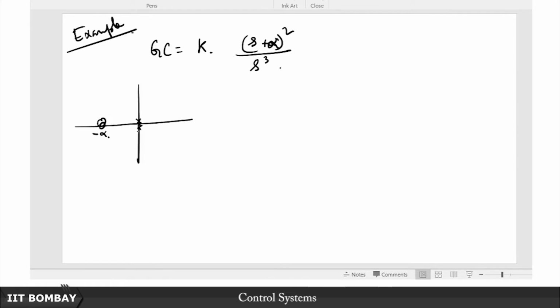There is going to be just one asymptote, because the number of poles minus the number of zeros is 1. So of course from this also you know that this is how one of those asymptotes is going to be. At some point here there is going to be a break in.